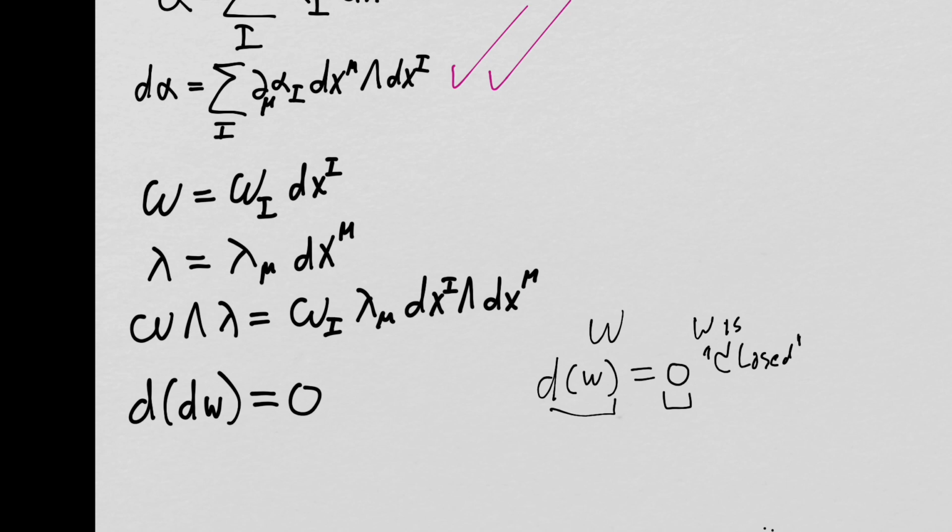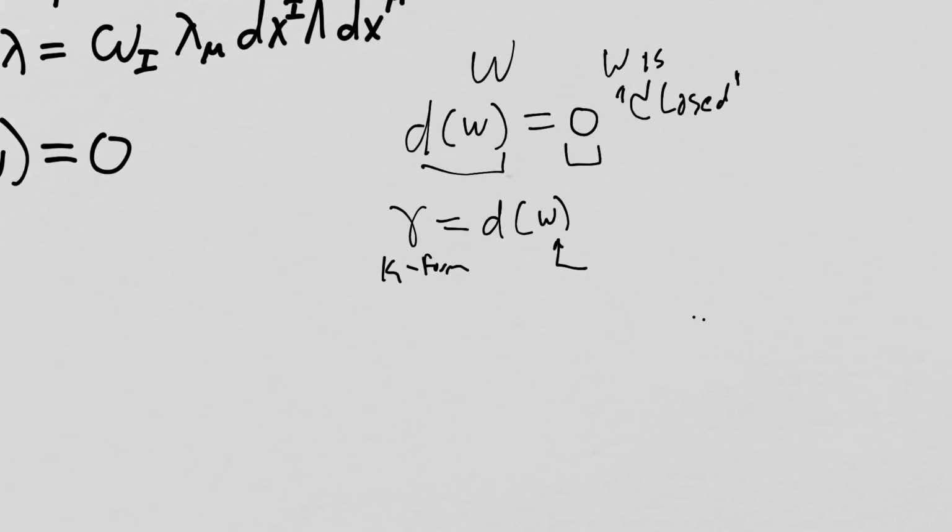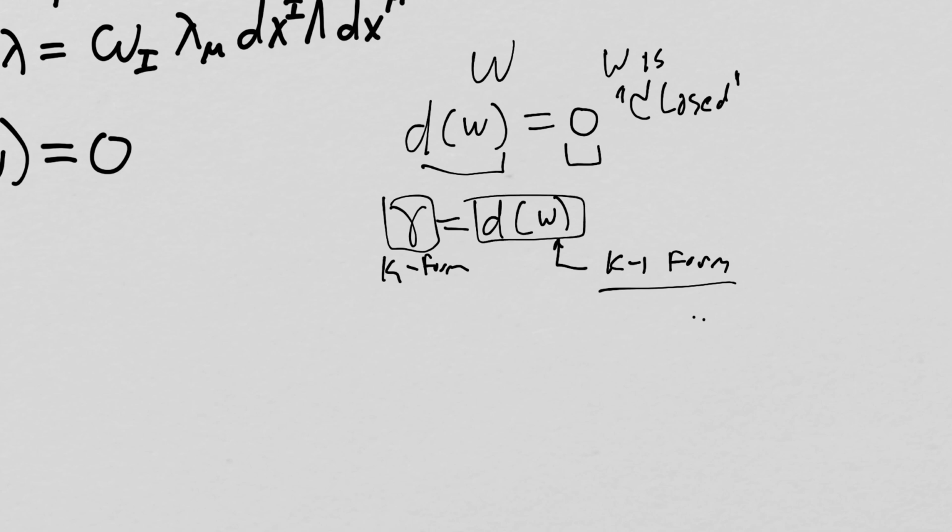Now, if gamma is equal to the exterior derivative of some omega, so remember, if gamma is a k-form, omega has to be a k minus 1 form. If gamma is the exterior derivative of some k minus 1 form, then gamma is exact.